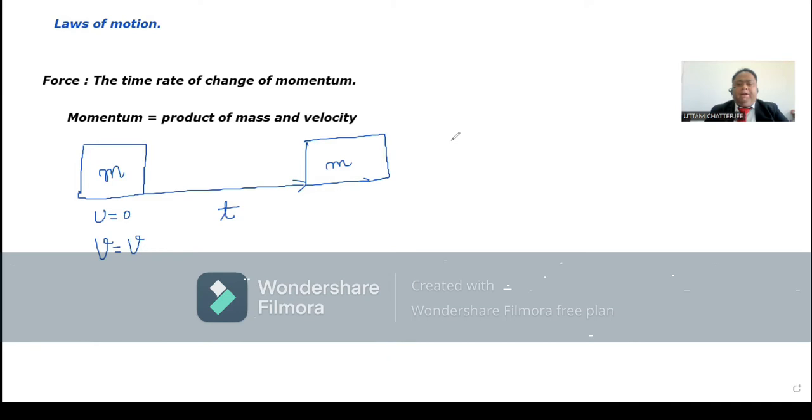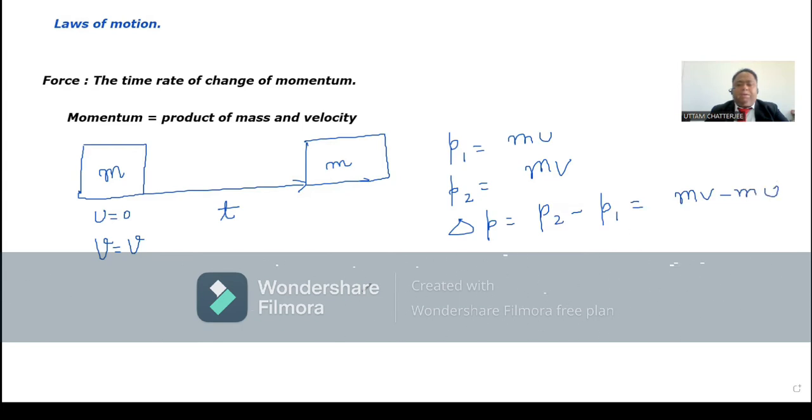Then its initial momentum p1 will be mu, final momentum p2 will be mv, and change in momentum delta p will be p2 minus p1, which is mv minus mu, and the rate of change of momentum will be delta p by delta t, equal to mv minus mu by t.